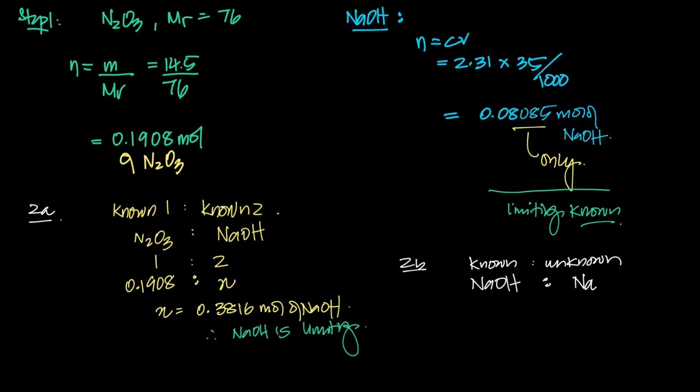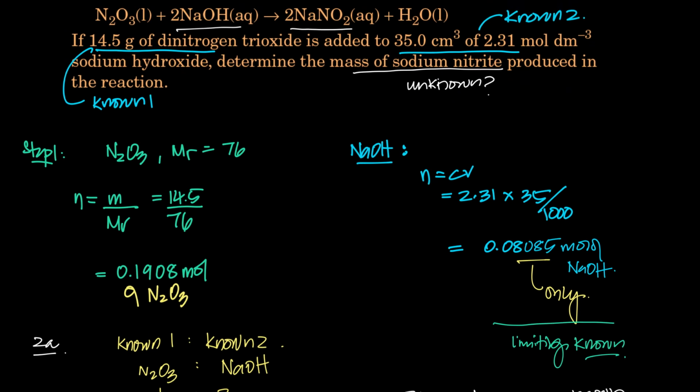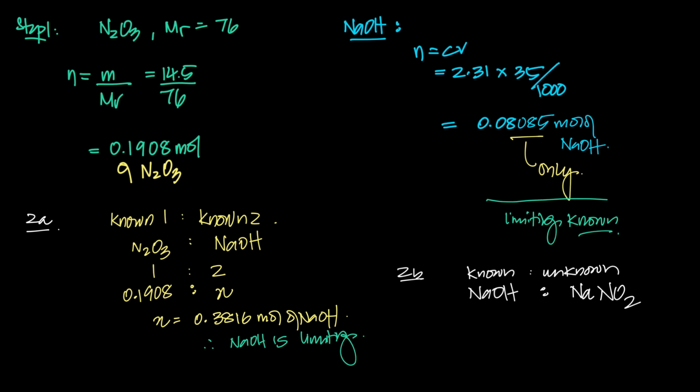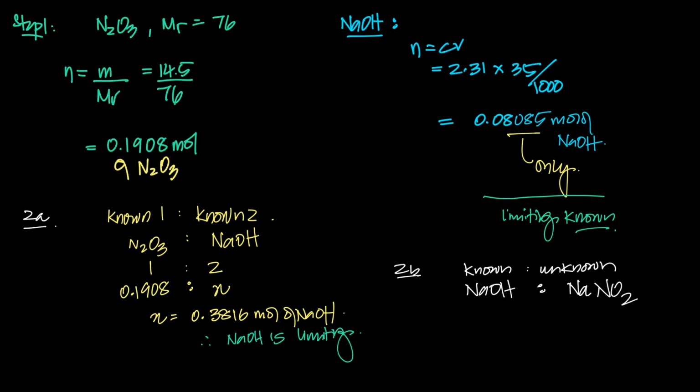And their coefficients really are 2:2, which really means 1:1. So look at the equation, 2:2, right? So 1:1. And then I just plug in the relationship in this ratio. So how many moles of NaOH do I have?